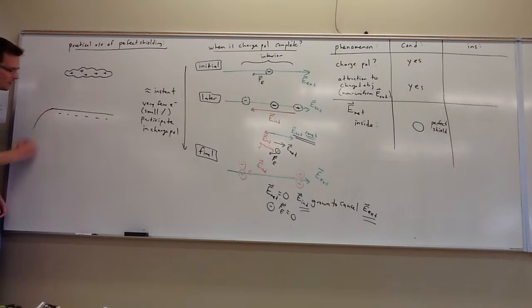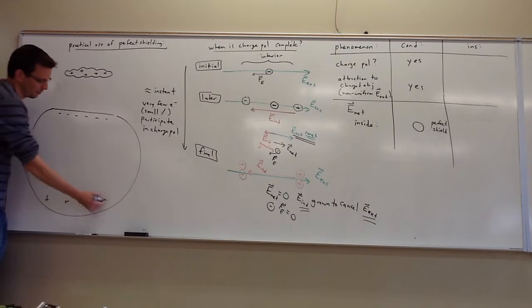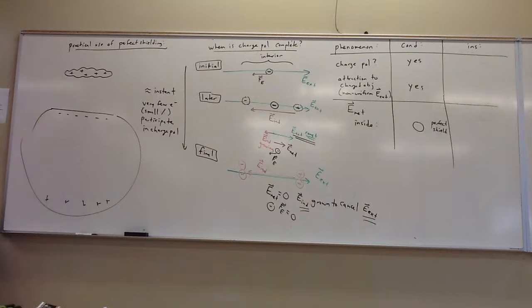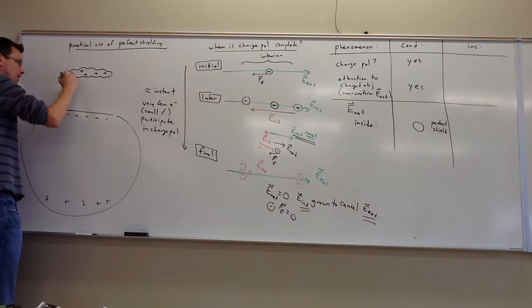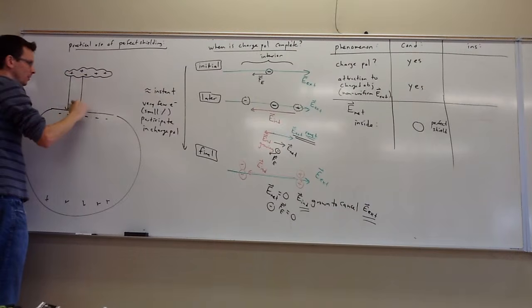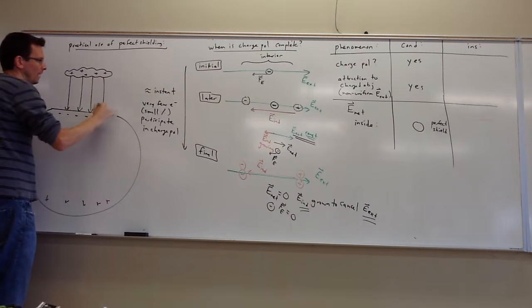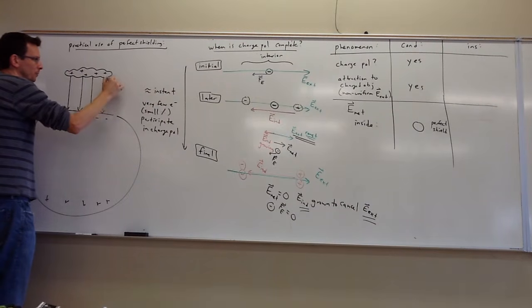I guess you can imagine the Earth is a big sphere. So the Earth charge polarizes in the electric field of the cloud. So long story short, this kind of acts like a parallel plate capacitor. So the electric field kind of looks like this. And so that is an external field.